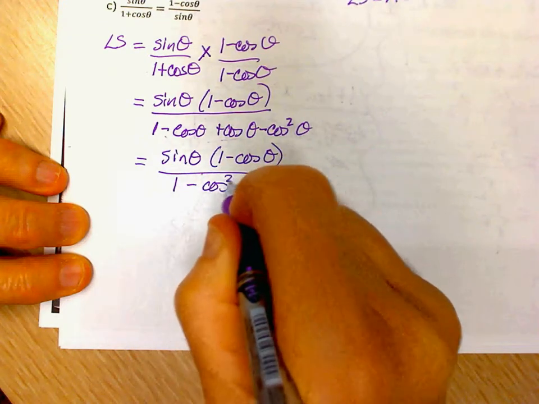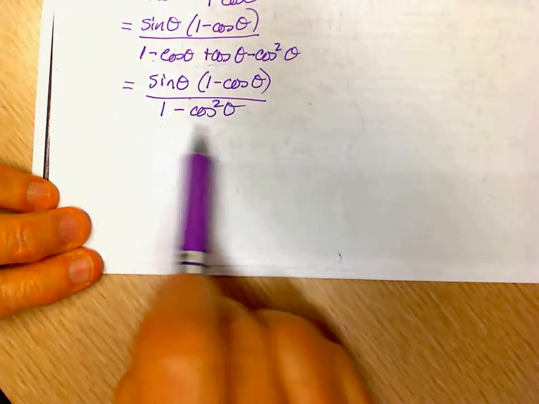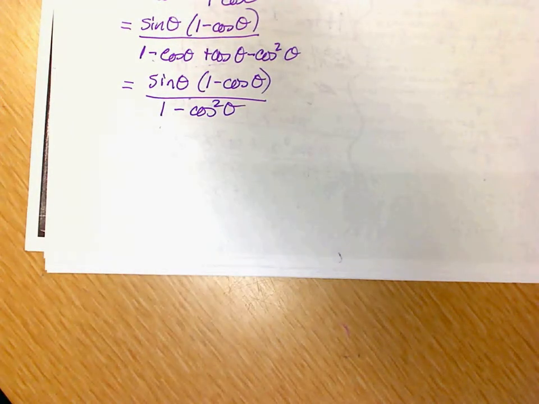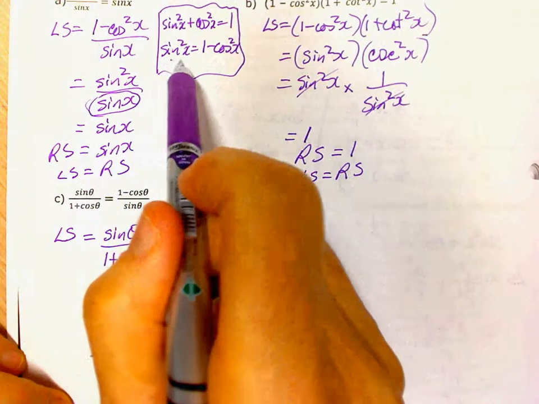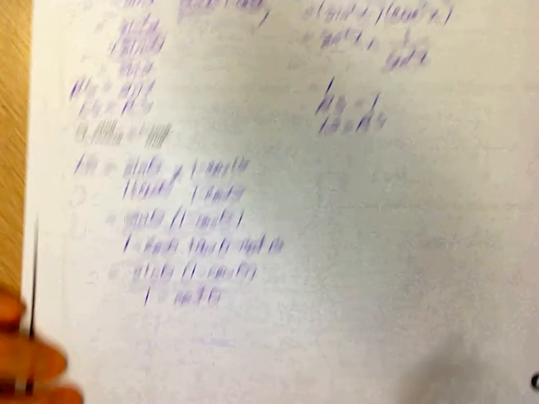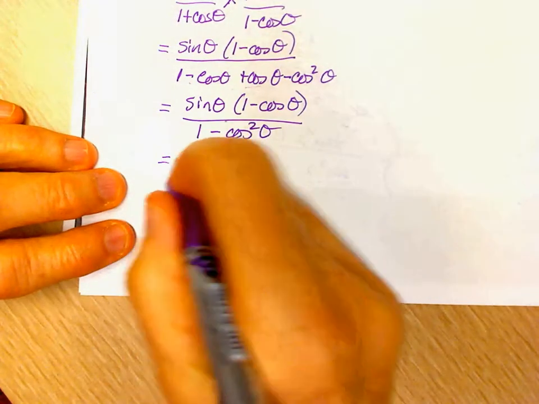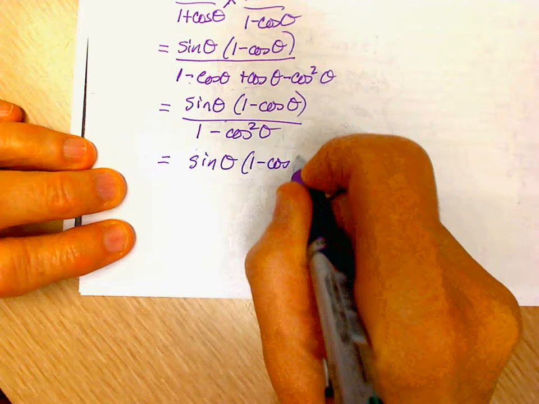And what does 1 minus cos squared theta equal? From here, 1 minus cos squared theta equals sine squared theta. So that equals sine theta times 1 minus cos theta all over sine squared theta.